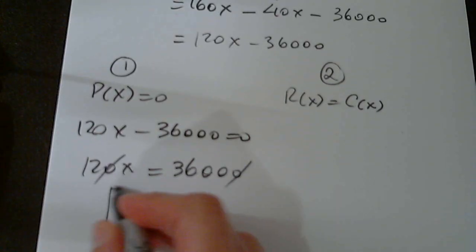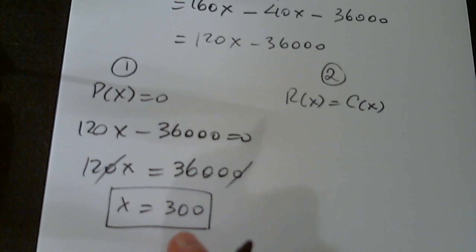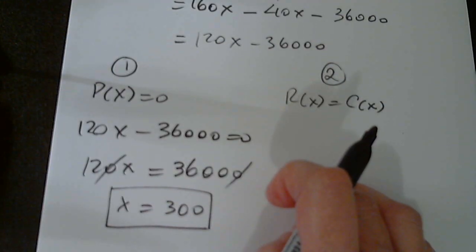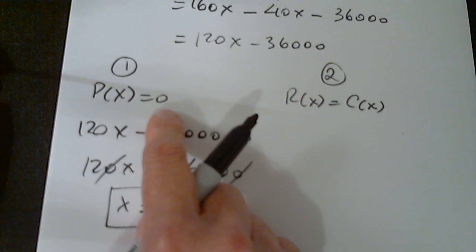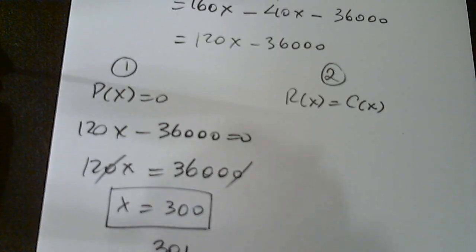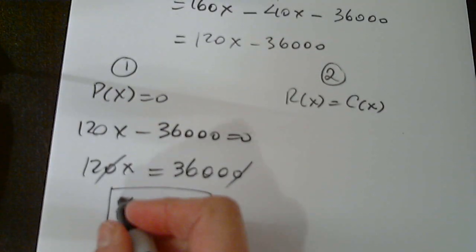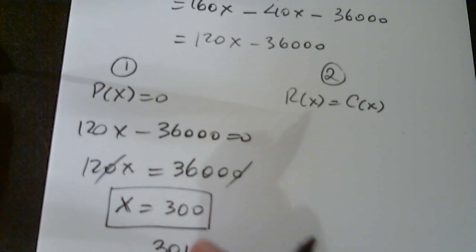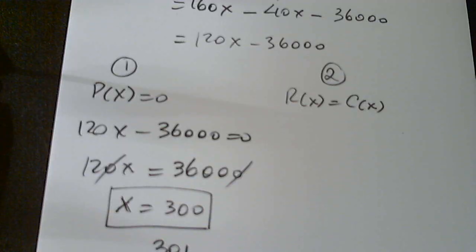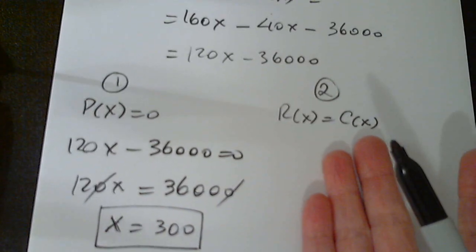So this is the number of units, the number of small canoes that has to be produced and sold for the profit to be 0, so that from that moment on, at number 301, we start making profit. So this is what we have to meet first in order to meet the threshold and then move on and make money.